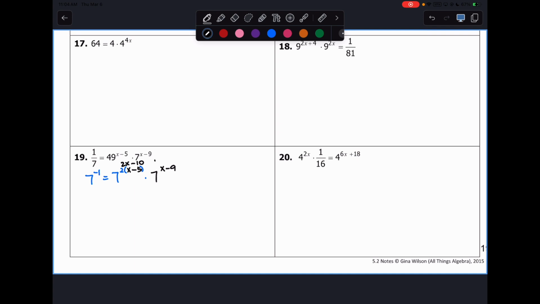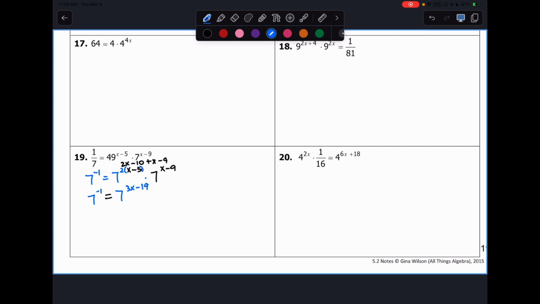What do I do with that and x minus 9? Add them. 2x plus x is 3x. Negative 10 minus 9. There you go. Do we have the same base?